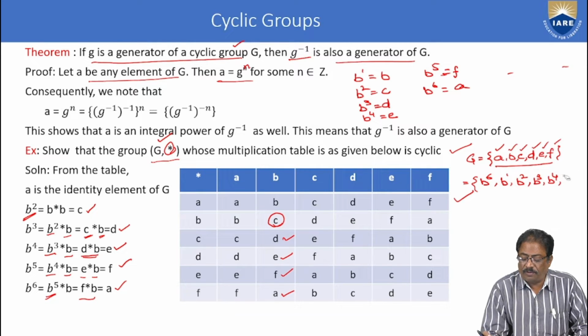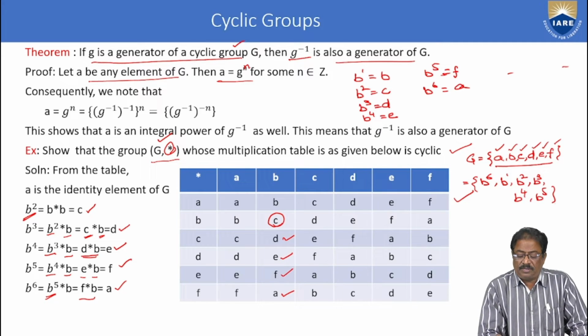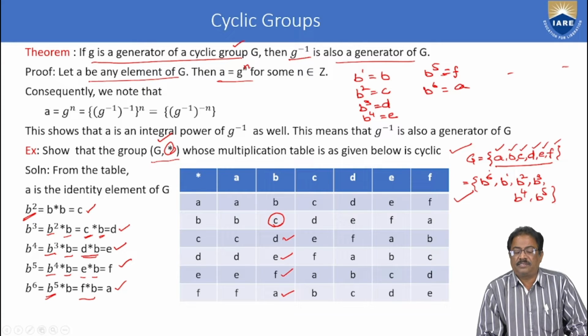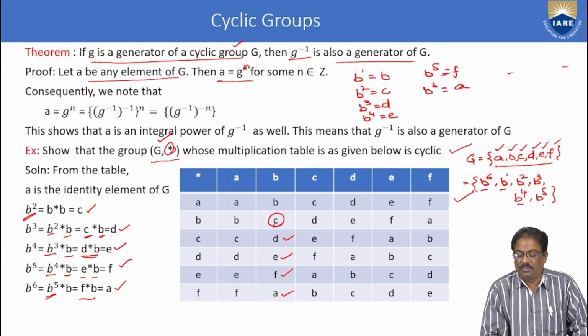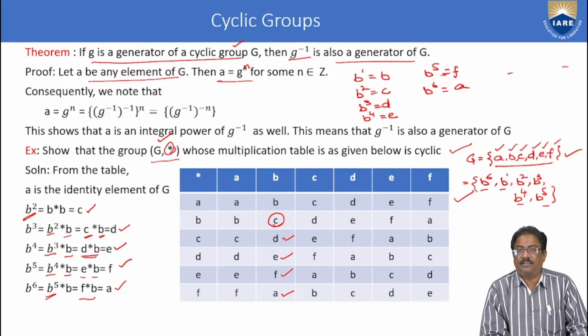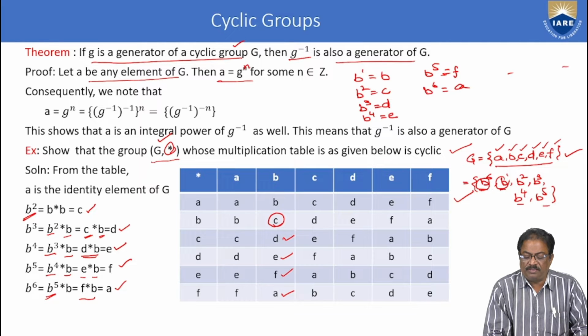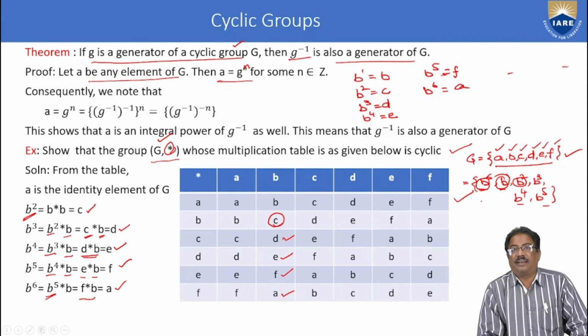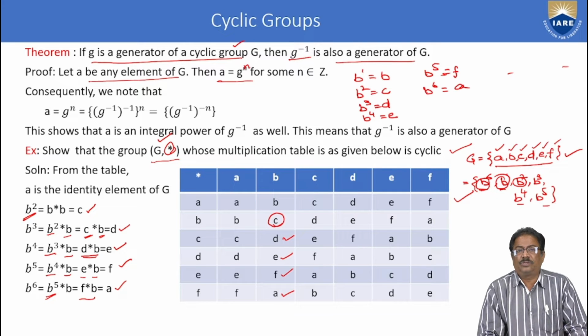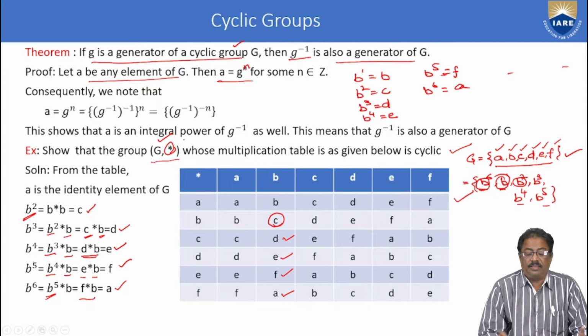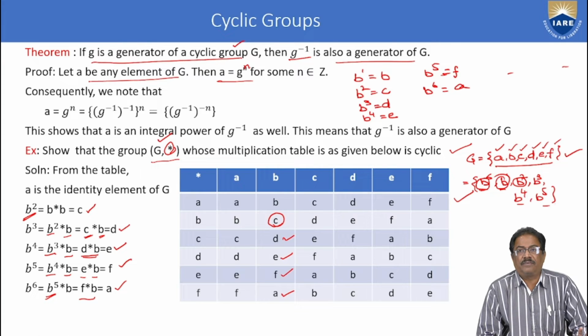So each and every element of G can be represented as the integral power of B. So this group is known as a cyclic group, and here B is a generator. So the group is a cyclic group and it has the generator B.